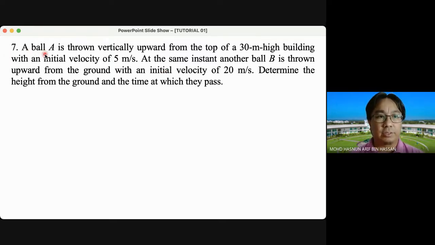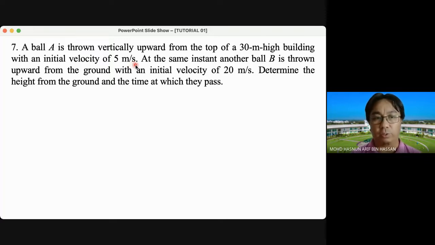Okay, let's read the question first. A ball A is thrown vertically upwards. When you read the problem, you have to understand the question first. So there is a ball A thrown upwards from the top of a 30-meter high building with an initial velocity of 5 meter per second.